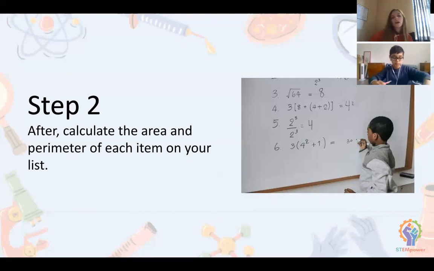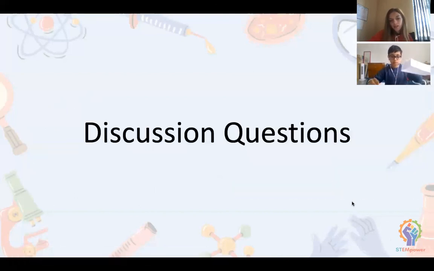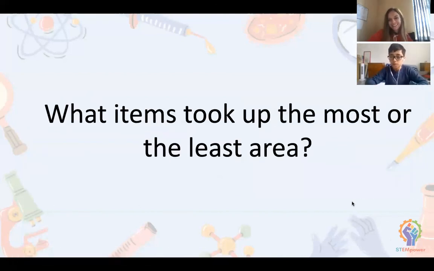Okay, I'm done. Okay, perfect. And we're gonna skip the next step because we didn't calculate all of your objects. And then there's no one else to show your work to.